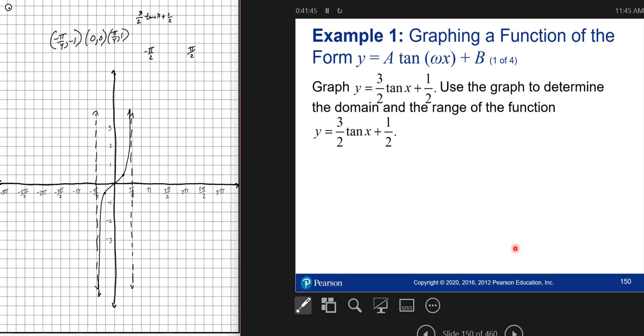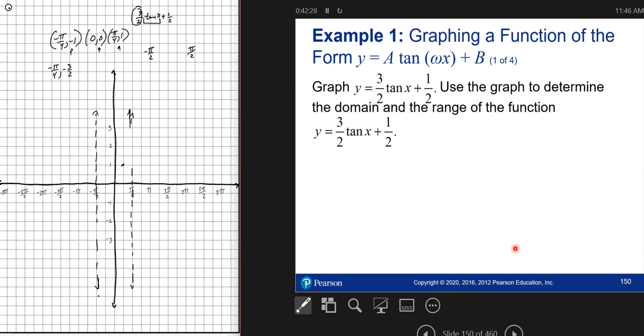So the next thing, we're going to multiply. So these are the y values here. My x values aren't going to change at all in this particular problem, but I'm going to multiply each y value by the 3/2. So this is negative pi over 4, and then 3/2 times -1 is -3/2. So this point got moved down to here. Whoops. I need to follow what I have here.